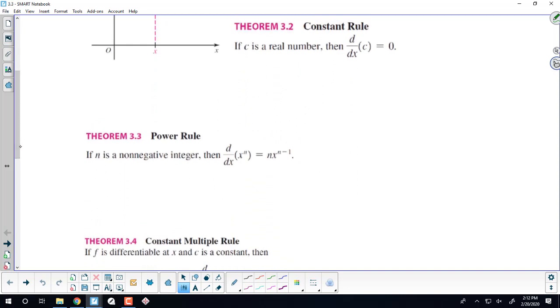All right, so the first derivative rule that we get is that the derivative of any constant is 0. Hopefully that just makes intuitive sense. What's the slope of a horizontal line? The slope is always 0.